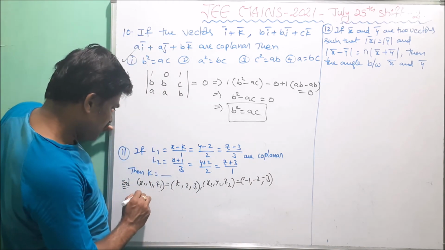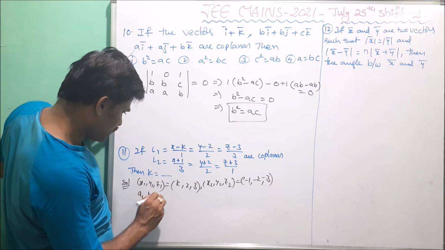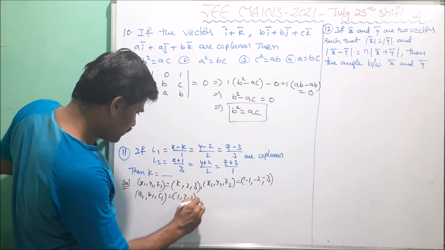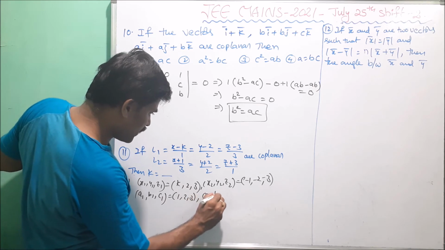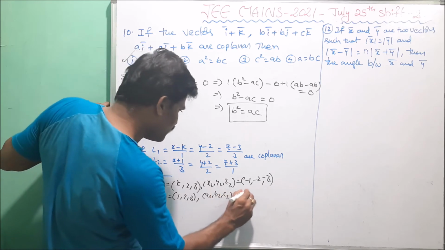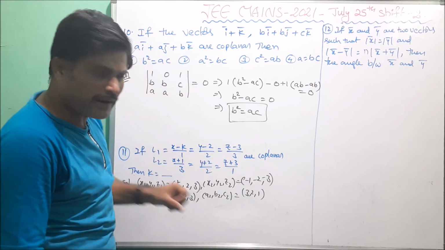Now here a1, b1, c1 are the DRs of the first line, that equal 1, 2, 3. a2, b2, c2 are the DRs of the second line, 3, 2, 1. Our condition is these two lines are coplanar.